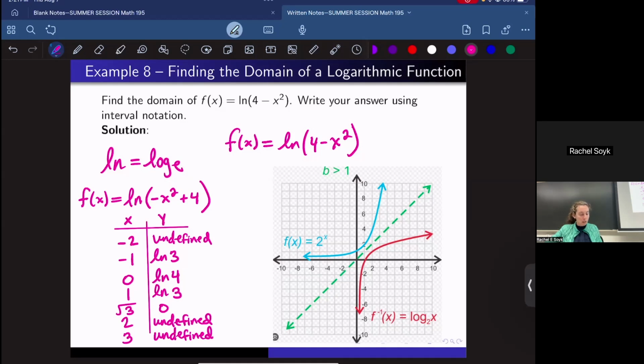Okay, so now when we plot this, natural log of 3 as a decimal is about 1.1.